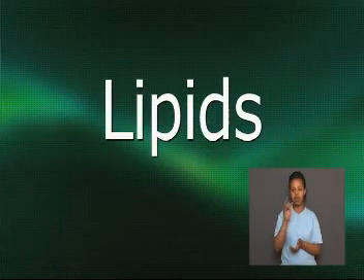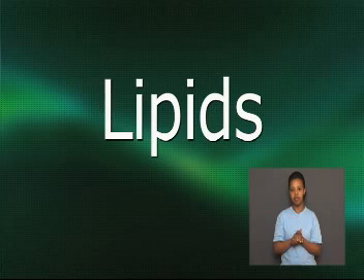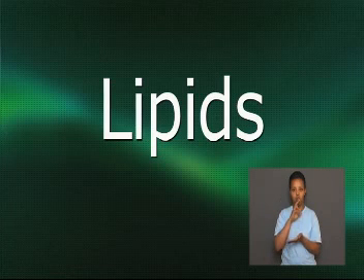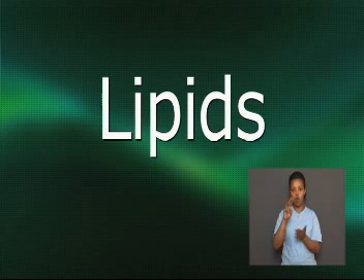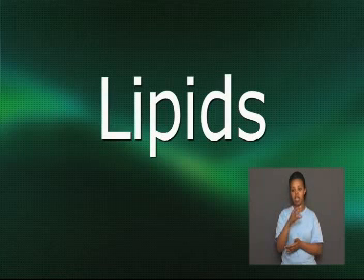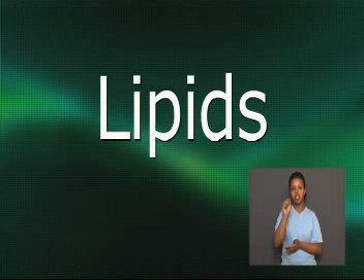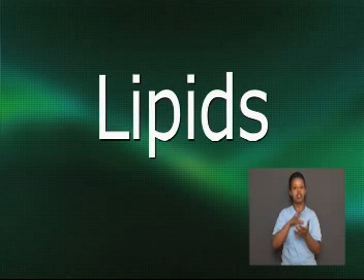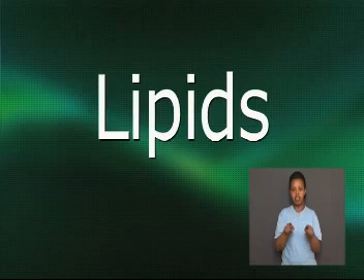Lipids are a diverse range of organic molecules that include fats, oils, waxes, phospholipids, and steroids. They are insoluble in water, but soluble in organic solvents.